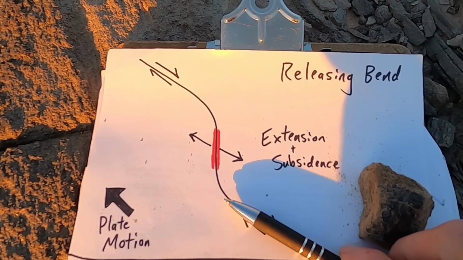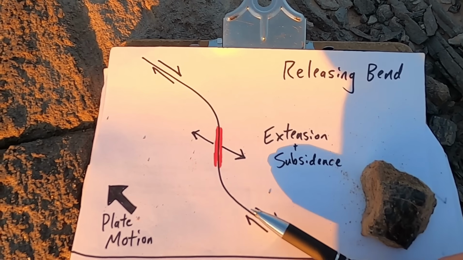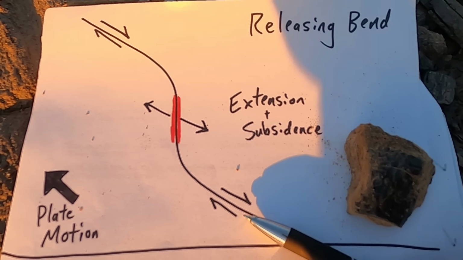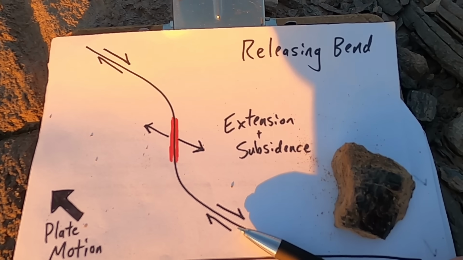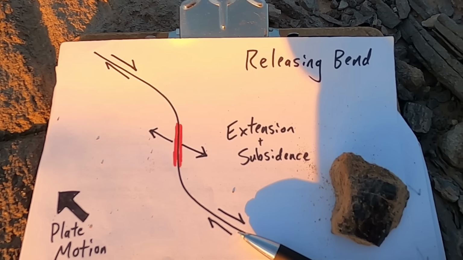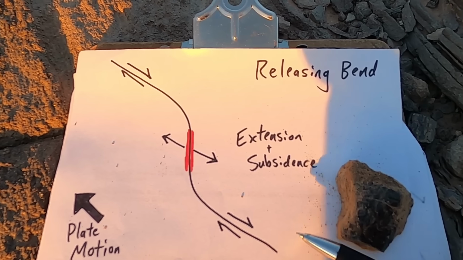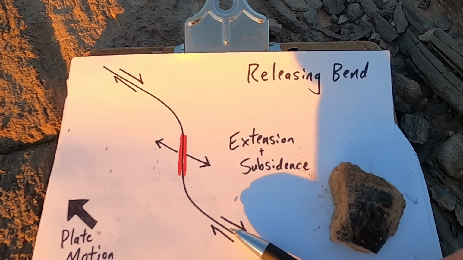If the plate boundary is perfectly parallel, as it is here, then you get a perfect strike slip fault. But sometimes plate boundaries take advantage of pre-existing weaknesses, could be thermal anomalies in the rocks, that cause the plate boundary, the line between the two plates, to be a little bit different.